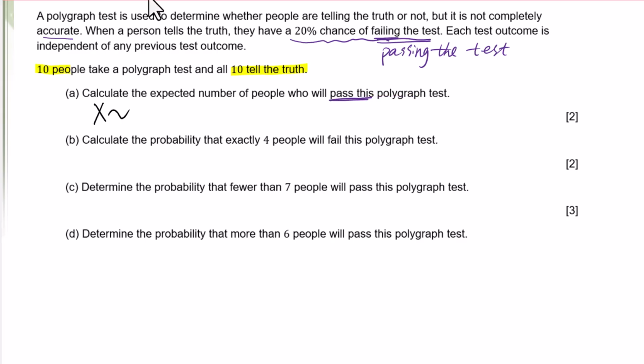X follows a binomial distribution with n equals 10, and the probability of passing this polygraph test is 1 minus 20% equals 0.8.